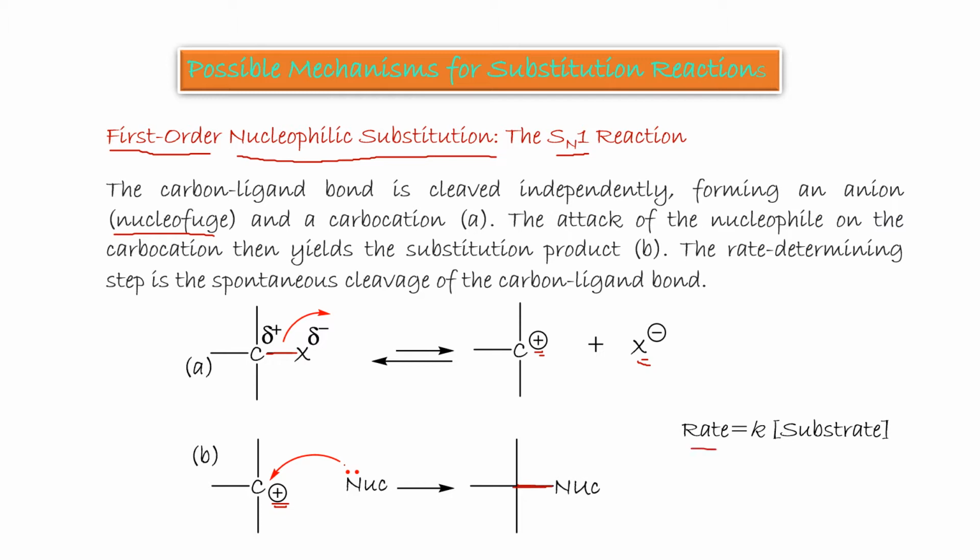The rate of this reaction depends only on the substrate, and has nothing to do with the nucleophile concentration. So the rate equals the rate constant k times the concentration of the substrate. Here we lose the leaving group. Here we have the nucleophilic attack reaction pattern.